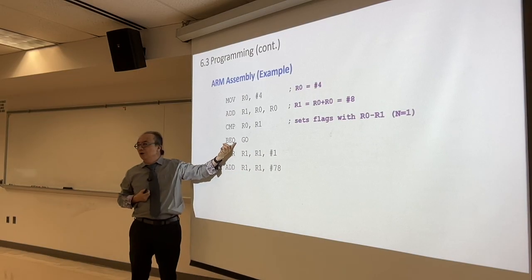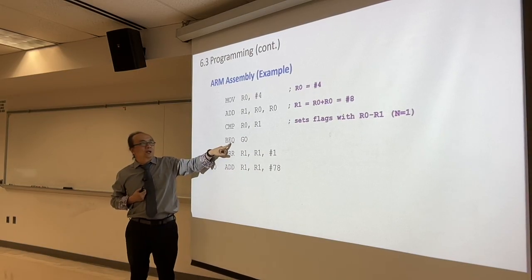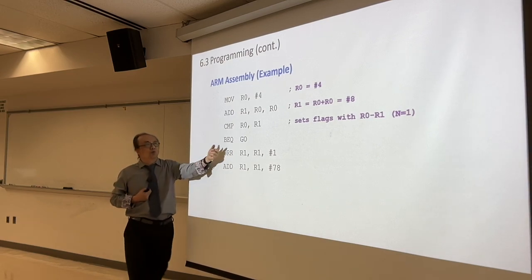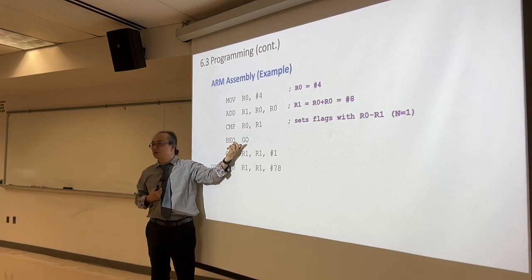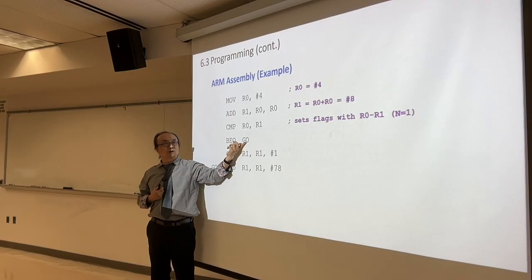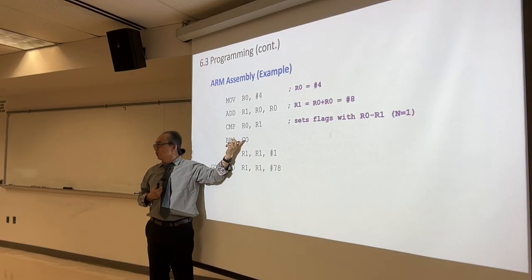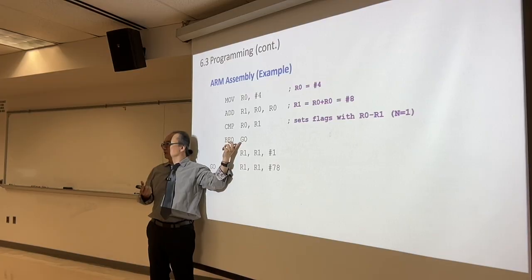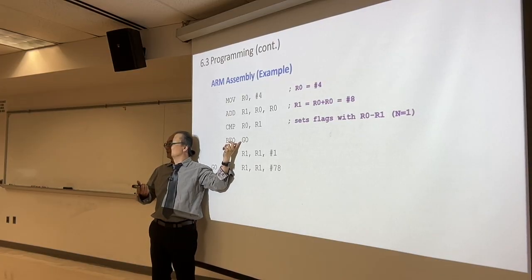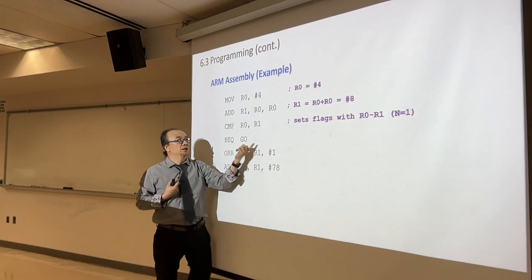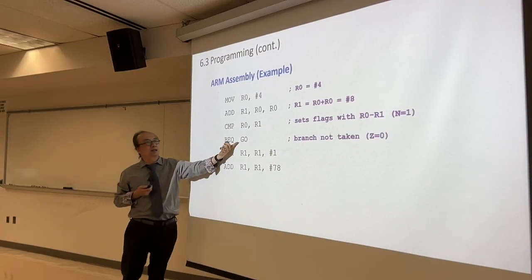Now, this is the conditional branch. Branch if they are equal. If they are equal, it's branch. So if we want a branch, which flag should be 1? Right? Z. If Z equals 1, then we're going to take this branch. Whenever we have Z equals 1, meaning what? The result is a 0. When the result is 0, then the Z flag is going to be 1. But we have N equals 1. Therefore, it's not going to take the branch.